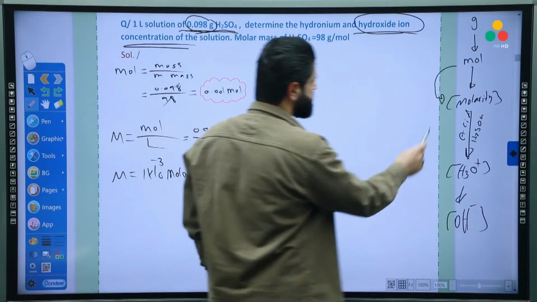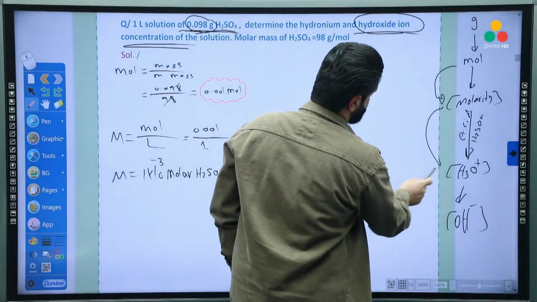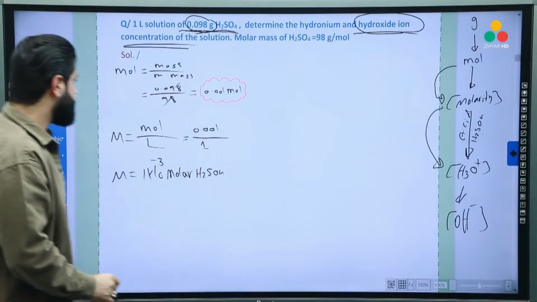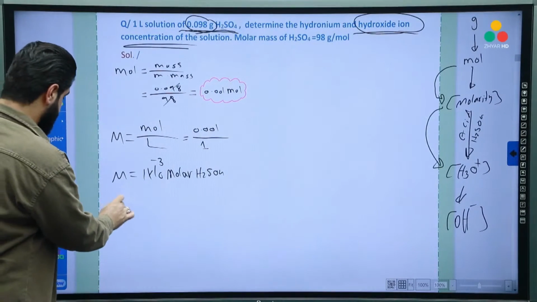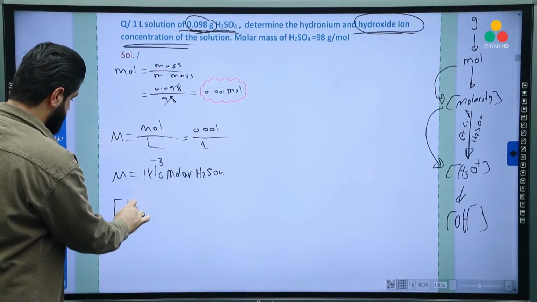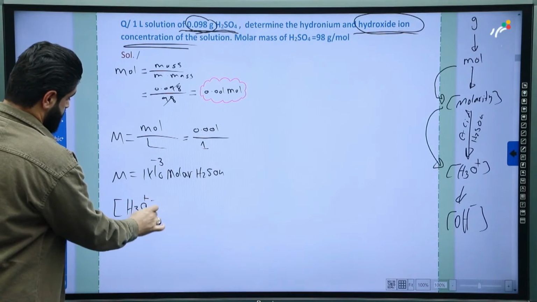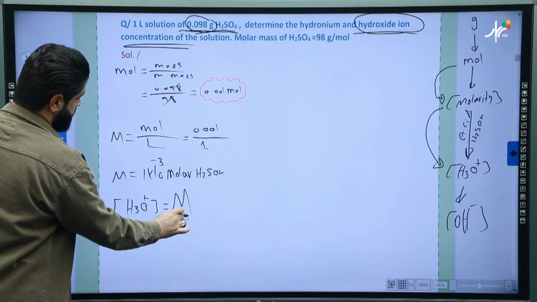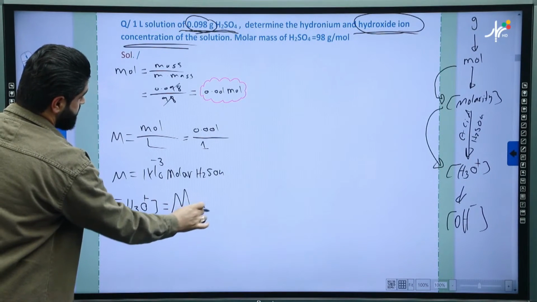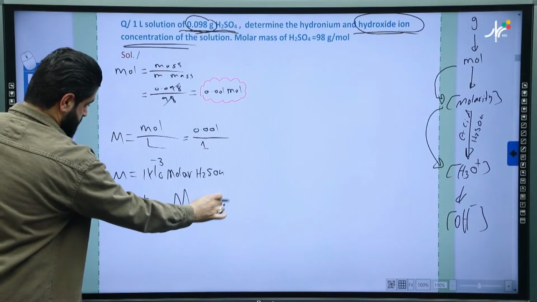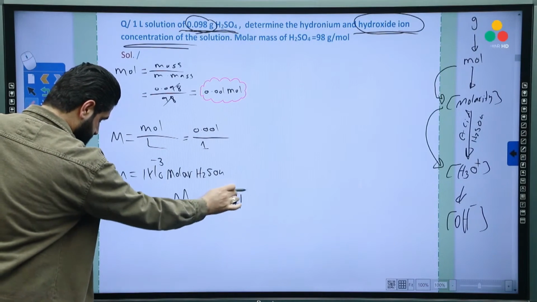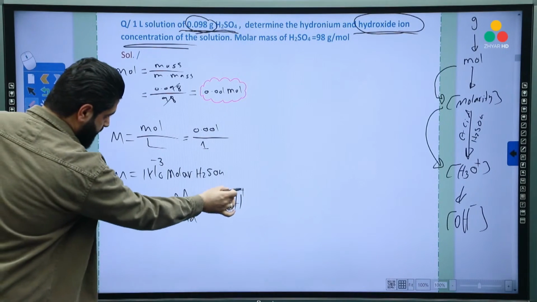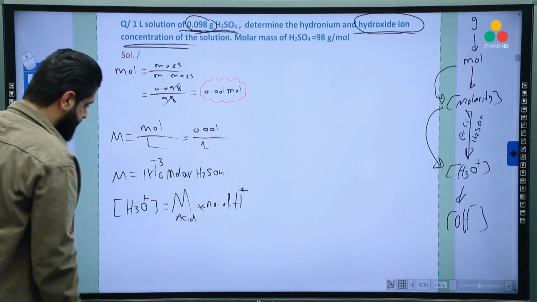Now we have molarity, so it's very easy to get the value of H3O. H3O equals the molarity of the acid times the number of H in the acid's formula. Very easy.